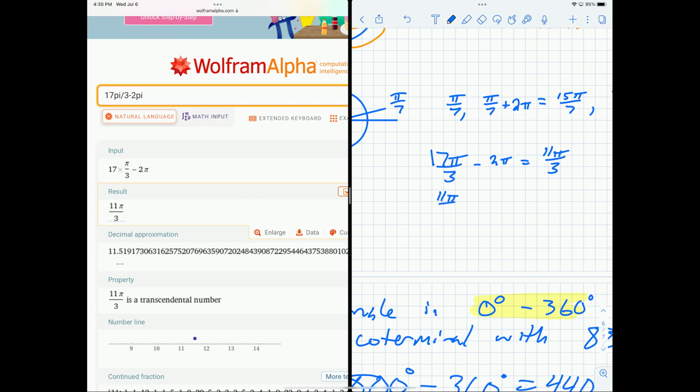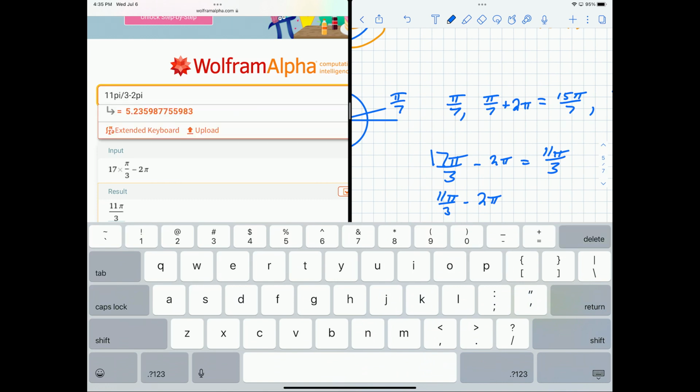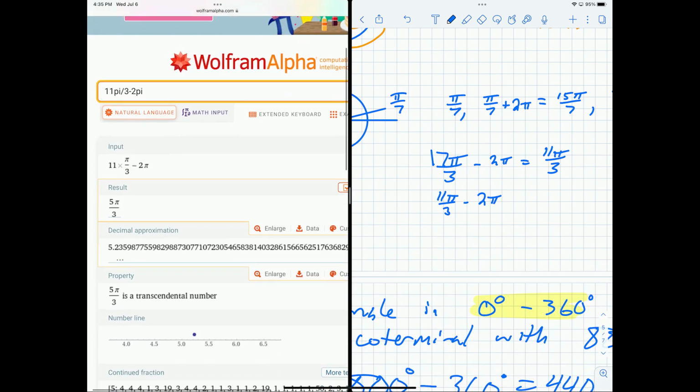That's still bigger than 2 pi, so I have to do it again: 11 pi over 3 minus 2 pi. Enter. I get 5 pi over 3. So 5 pi over 3 is less than 2 pi.